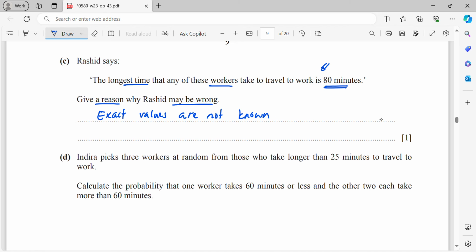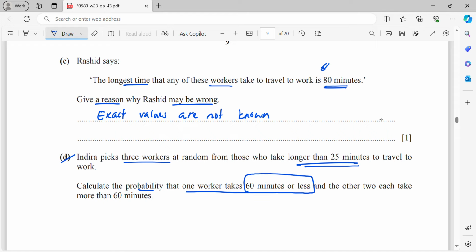Okay, so D. Indira picks 3 workers at random from those who take longer than 25 minutes to travel to work. Calculate the probability that one worker takes 60 minutes or less, because it's already more than 25.